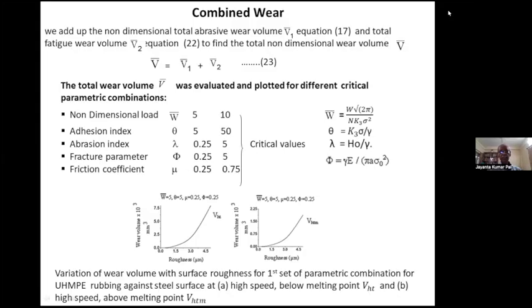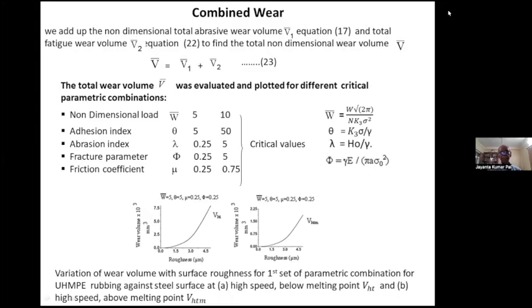Now, if we look at the scales of the two plots, in the second plot we can see for VHTM, although the trend of the plot is the same, the wear is slightly lower. That is simply because VHTM means above melting point.